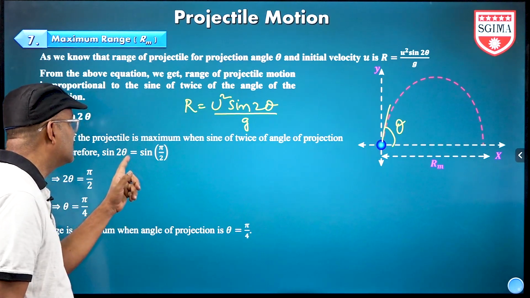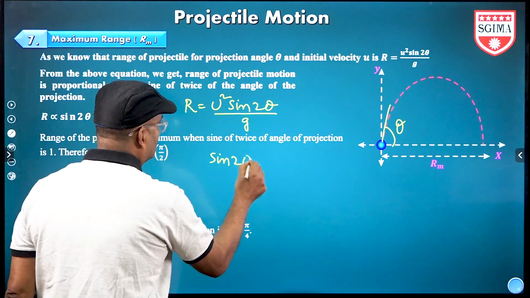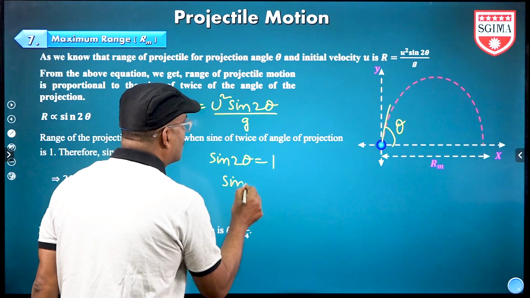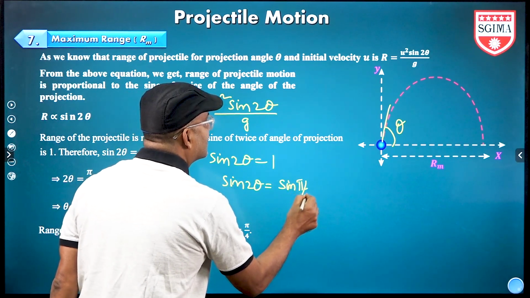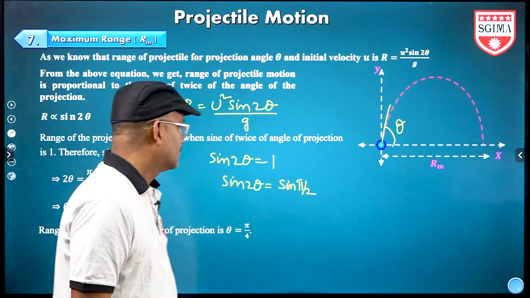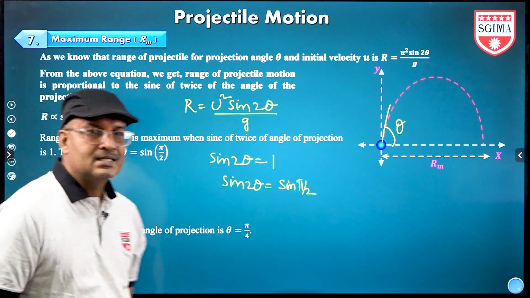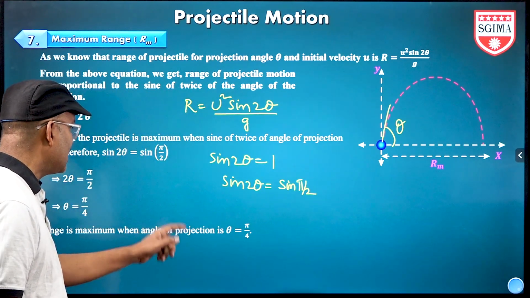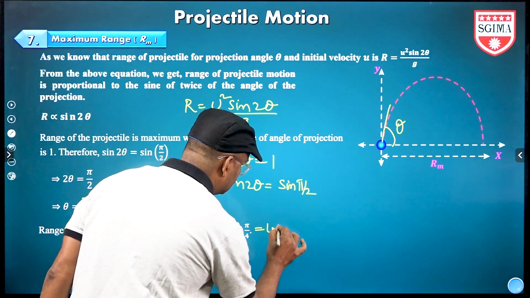So sine 2 theta is equal to 1, then sine 2 theta is equal to sine pi by 2, because sine pi by 2 is 1. From this, 2 theta is equal to pi by 2, theta is equal to pi by 4. So range is maximum when the angle of projection theta is pi by 4 or 45 degrees.